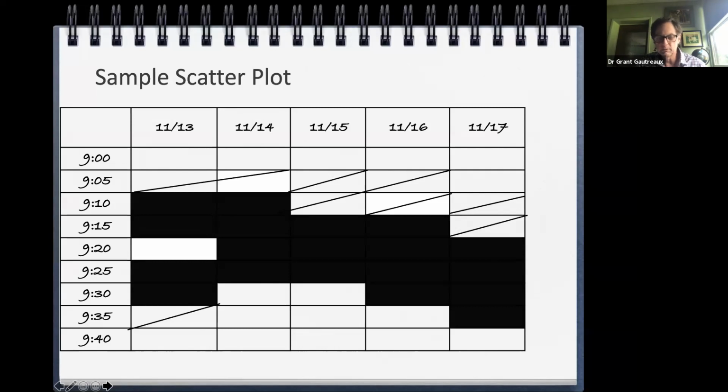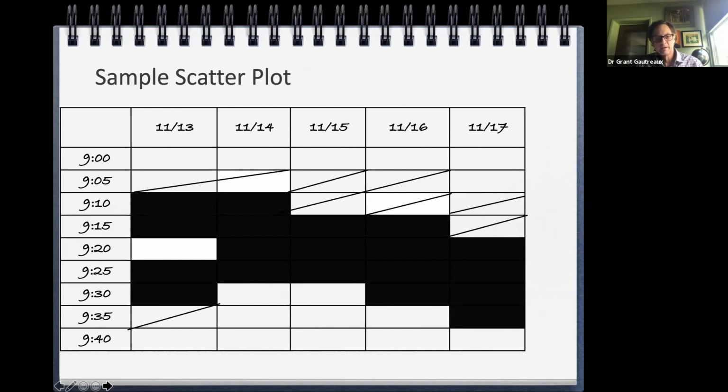An easier way to do it could be, if it happened at all in the interval, I'll put a slash. If it happened the whole time, I'd darken it. And this is how you may represent some of your interval data, partial or whole, because that's what it's telling us here.